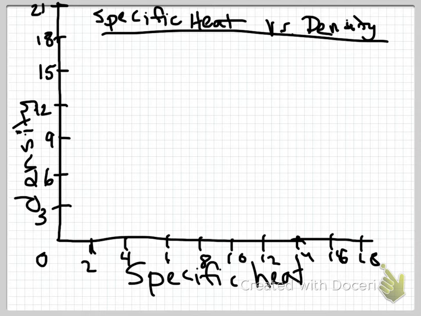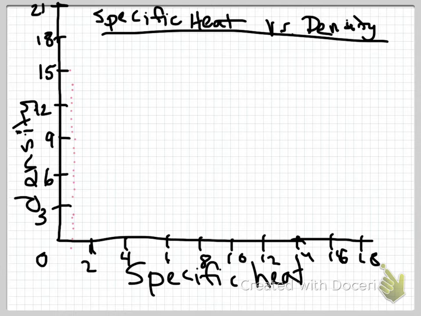So I'm going to plot aluminum with you. The specific heat for aluminum is 0.903. So that is our x-axis. 0.903 would be a little bit before where 1 is, so somewhere on this line. And our density for aluminum is 2.7.